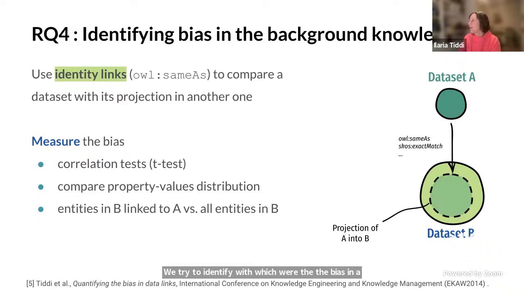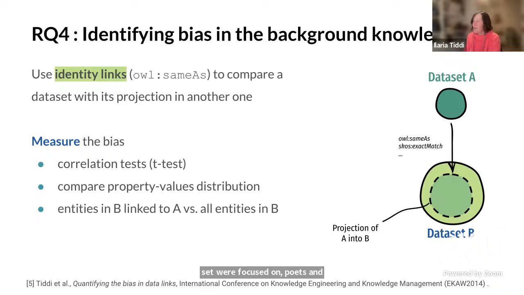So, for example, I would recommend you to refer to the paper, but what we discovered was, for example, that the linked movie database was particularly focused on black and white movies, and that certain digital humanities datasets were focused on poets and novelists from the 18th and 19th century.